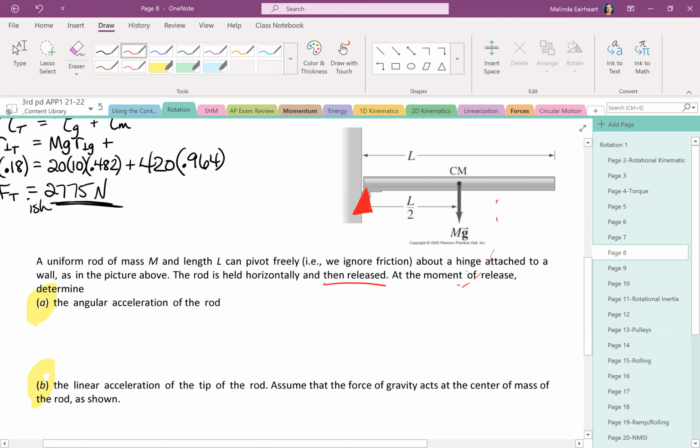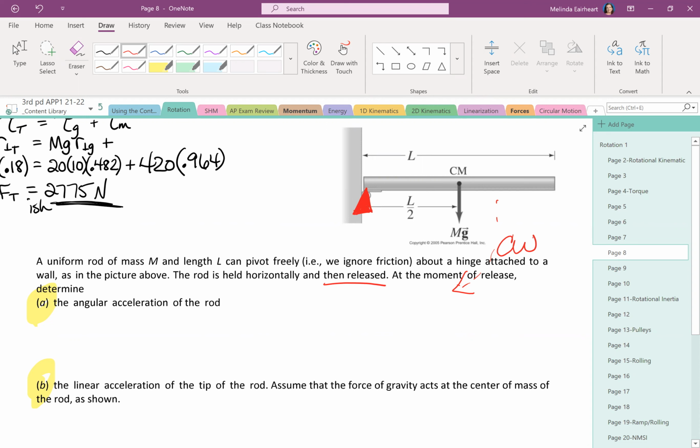And so it's going to rotate clockwise. At the moment of release, not 5 seconds later when it crashes into the wall, but the second we release it, two things. What's the angular acceleration and what's the linear acceleration? So we'll get to see that non-slip application in part B.